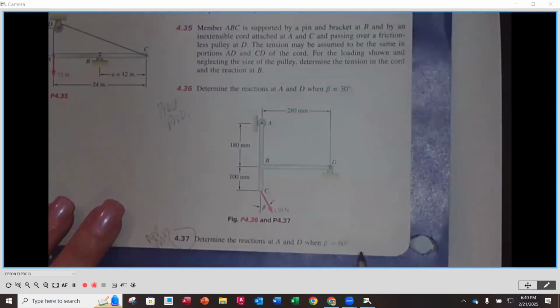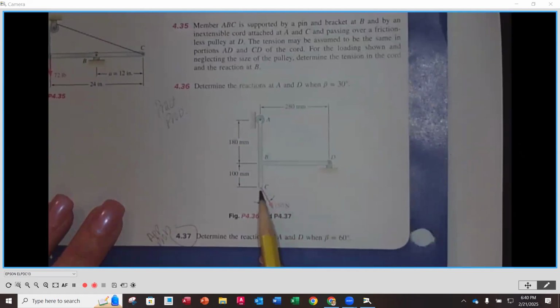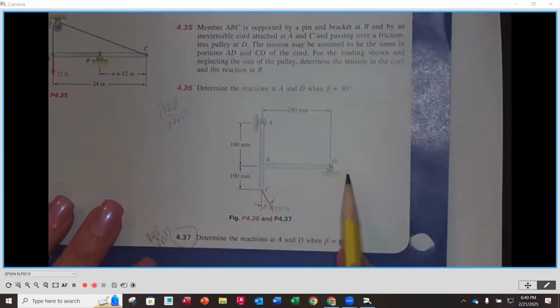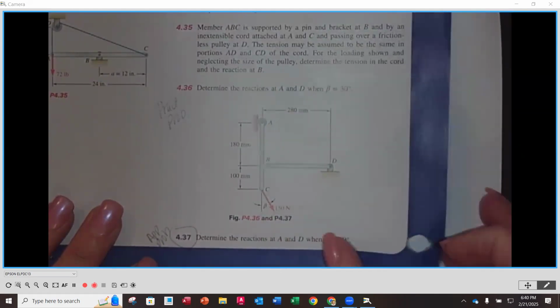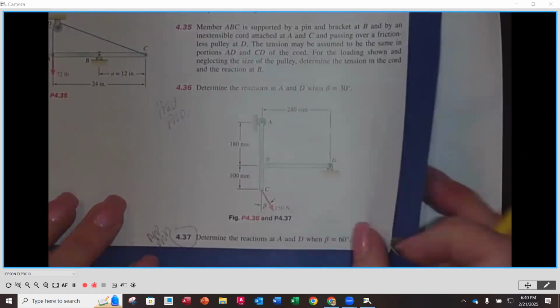And then we're going to draw our free body diagram. I'm going to draw a T bracket over at D, a support, and over at A we've got another support. And at C, we've got 150 newtons, 30 degrees to the vertical.